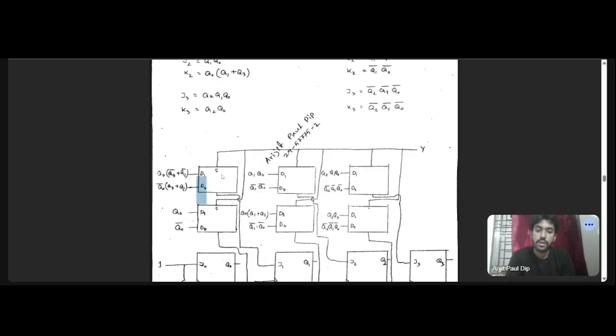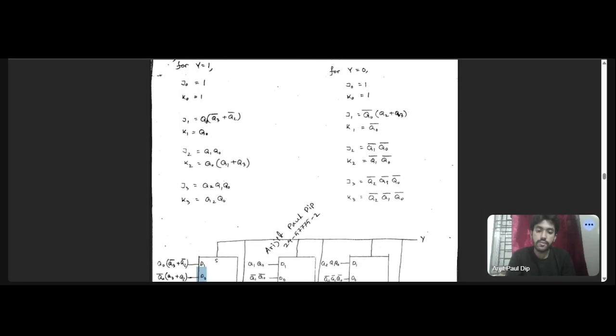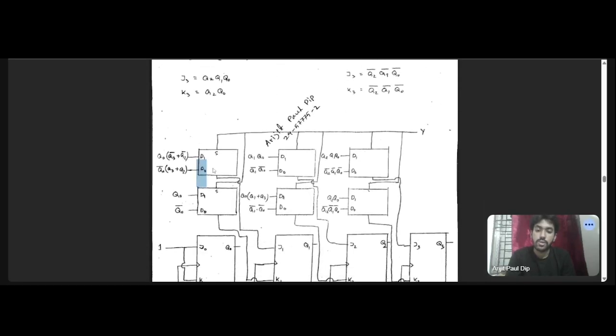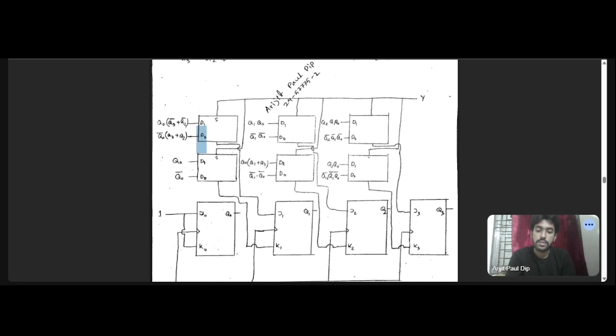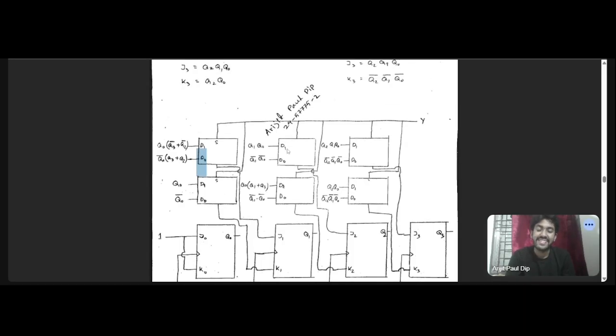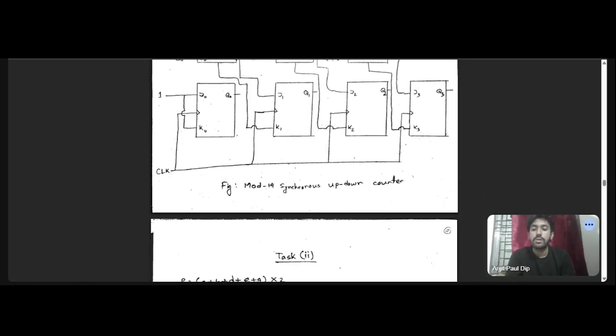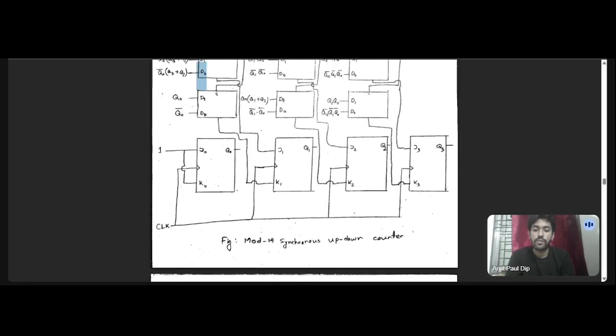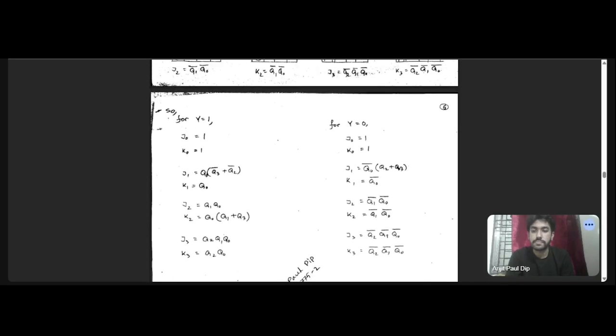So we can achieve this duality using multiplexers. So we pass the output to the J1K1 flip-flop. So our job is done here. Similarly, we did the same thing with the K1 block, and the same thing happened for all the rest of the multiplexers. So this is how we achieved a mode 14 synchronous up-down counter.